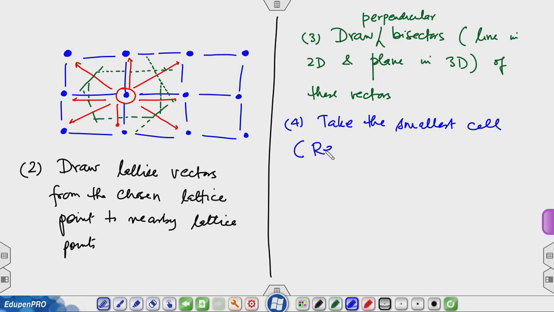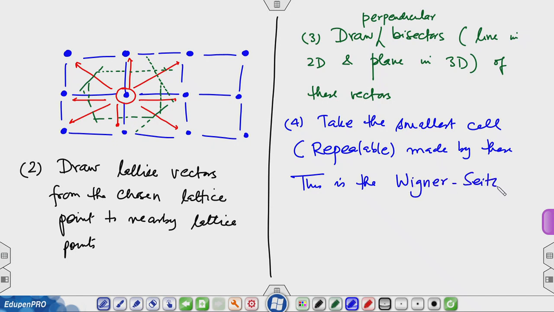Obviously, it has to be repeatable, made by these, and this is the Wigner-Seitz cell. And since it contains only one lattice point, because you excluded every other point, this is going to be a primitive cell. So, this is a primitive cell, because there is nothing smaller than this which is repeatable and contains one lattice point.